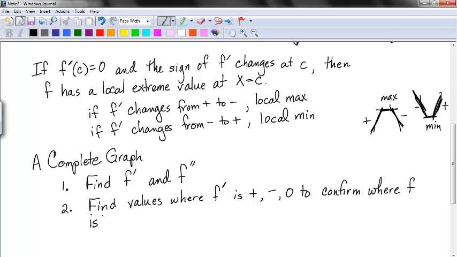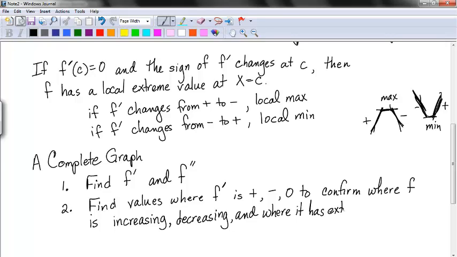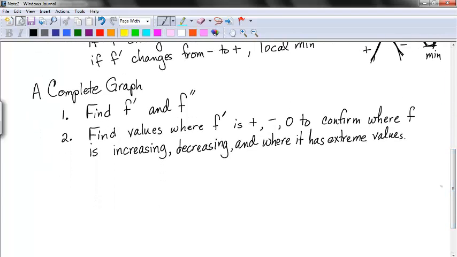So it will confirm where f is increasing, decreasing, and where it has extreme values. And that's where it's equal to 0. So you do the first derivative, figure out where it's positive, negative, 0, and that'll tell you the intervals where it's increasing, decreasing, and extreme values.